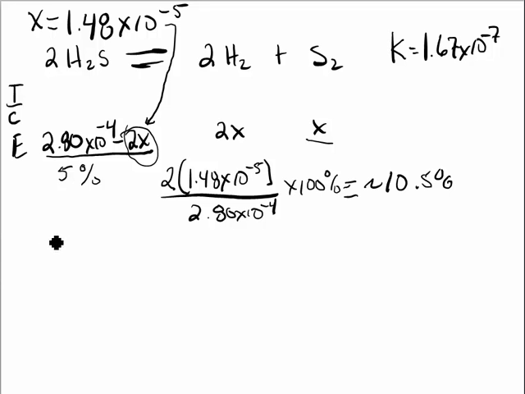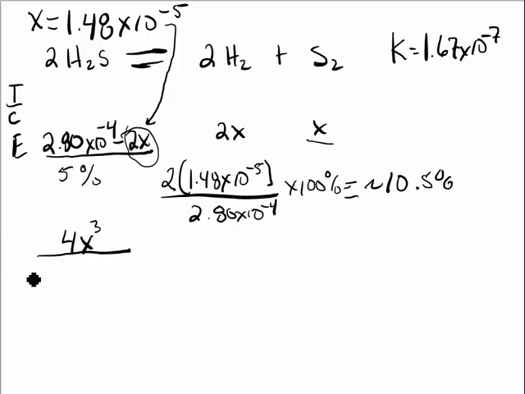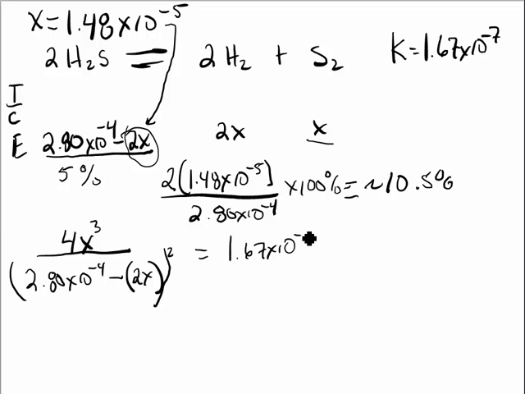So if you remember what that was, it was 4x cubed over 2.80 times 10 to the minus fourth minus 2x, and that's actually the whole thing there has to be squared, and that's equal to 1.67 times 10 to the minus seventh.